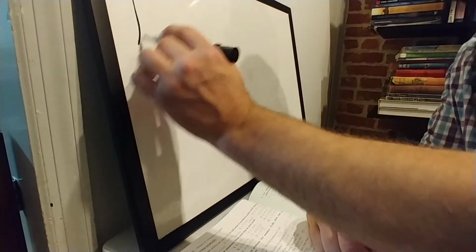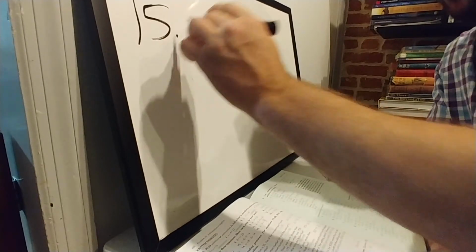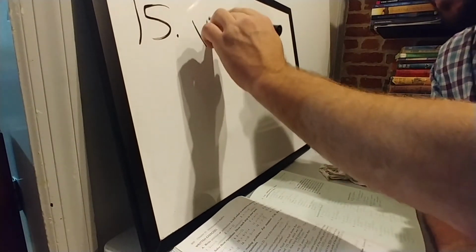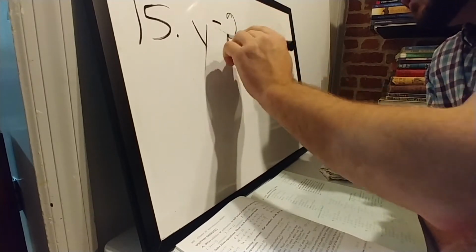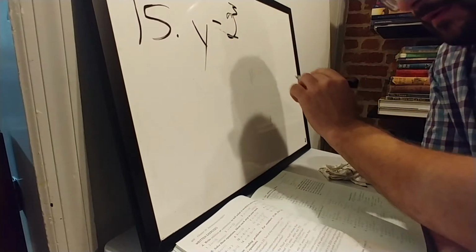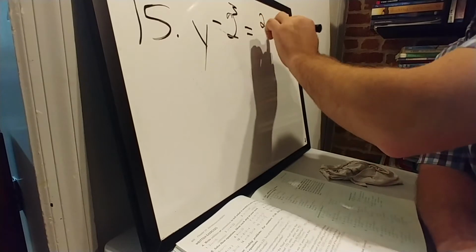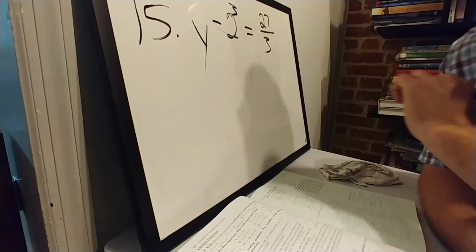Now, let's get down to one that's maybe a little harder. Let's go to number 15. We have y minus 2 cubed equals 27 divided by 3.